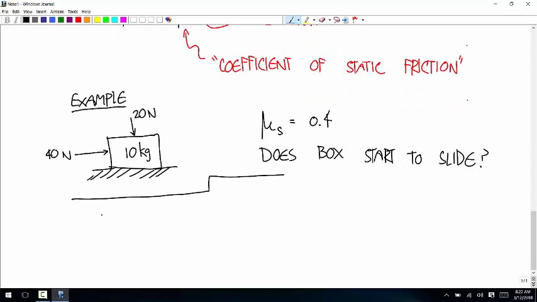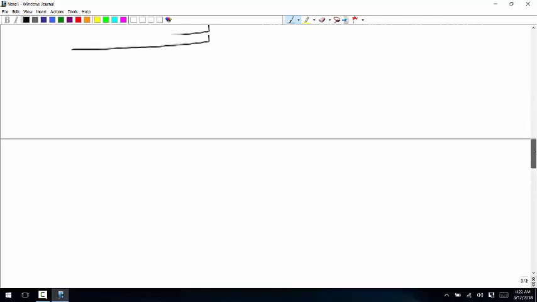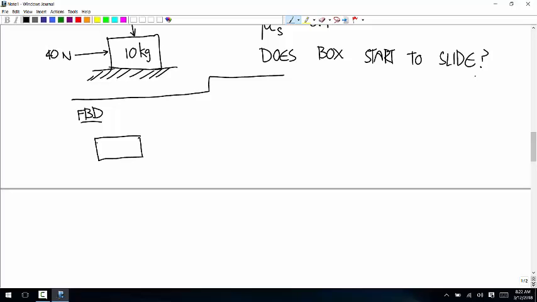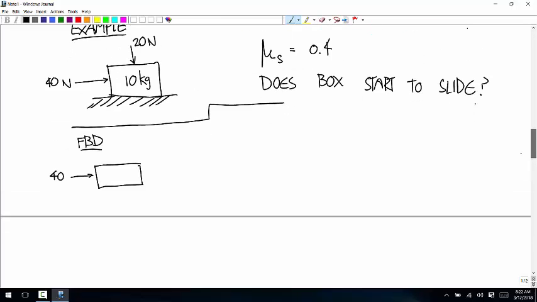Okay, so free body diagram. We have 40 newtons this way, 20 newtons down, a weight of 98.1. Then the contact force is a normal force and a friction force.